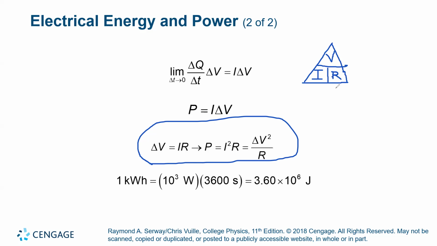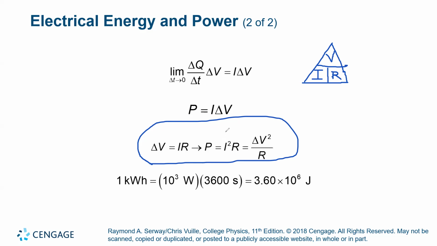And if you wanted to find any of these, you can just take the diagonals as division problems. So V over R equals I, V over I equals R, and I times R equals V. All right, so that's a little hack some students like to use.